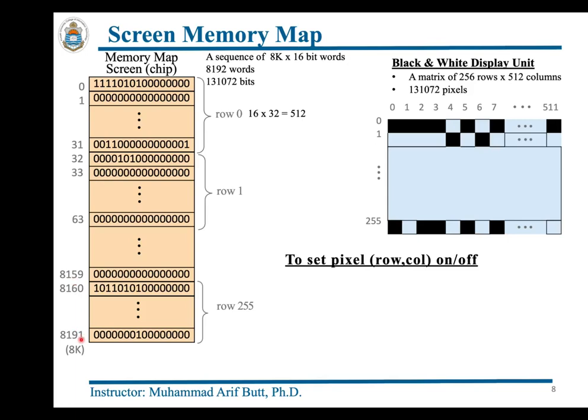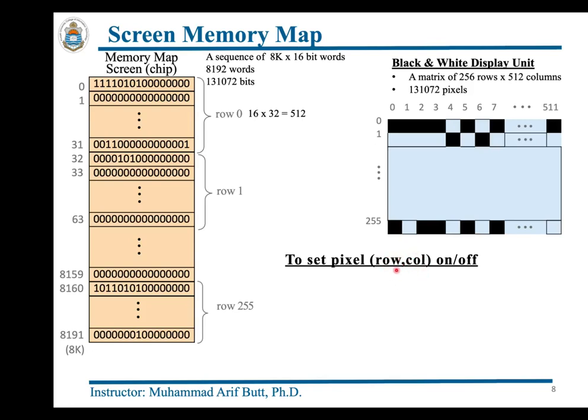Now we have a fair idea. Let us devise a formula for this mapping. That is, if we want to set a pixel on or off, the address of the pixel, row comma column, is known to us.